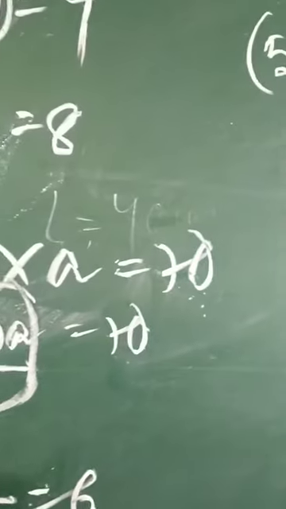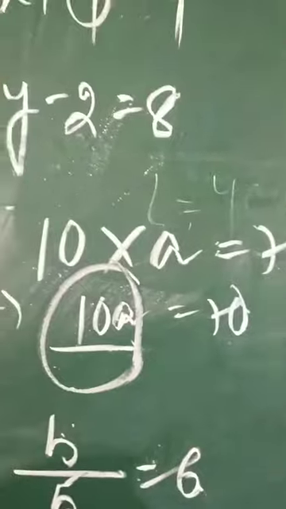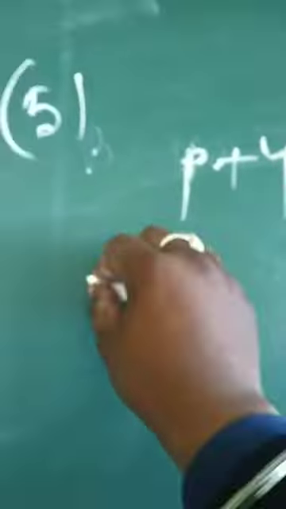Now in question number 5, we are asked to convert the equations into statements, just the reverse work of question number 4. The first equation is p plus 4 is equal to 15.